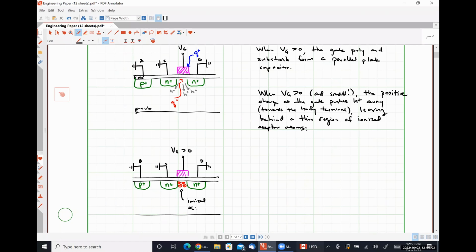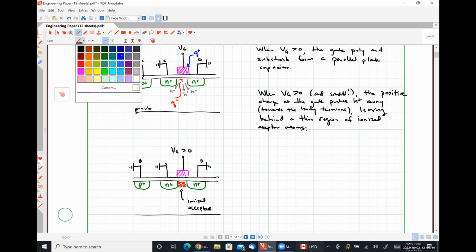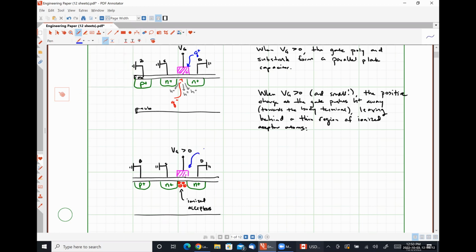Ionized acceptors. We have positive charge here. Negative charge here. Okay.